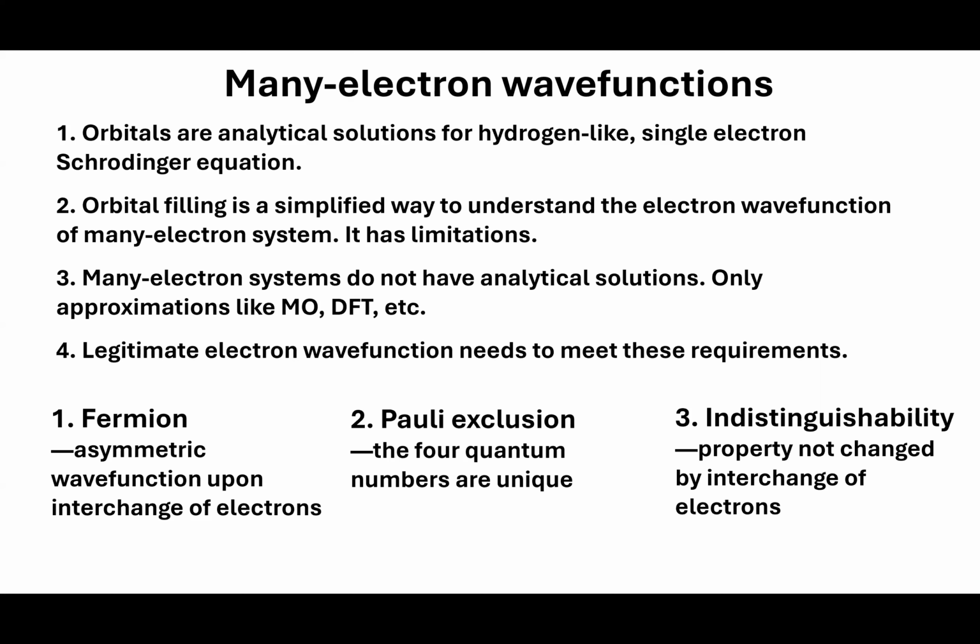You can exactly solve the Schrodinger equation with a single electron, and you get the exact wave functions of those single electrons. That's how you get the orbitals. You solve the one-electron Schrodinger equation, get a bunch of solutions, and label them using quantum numbers.